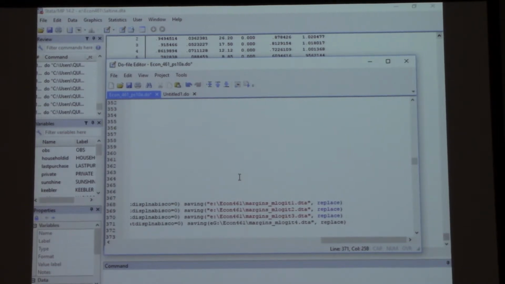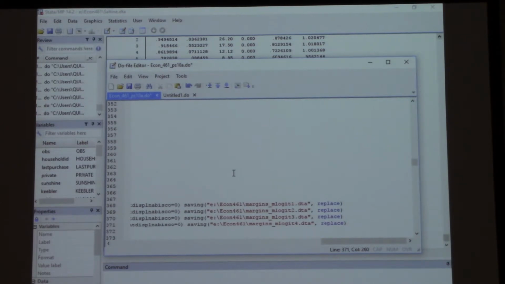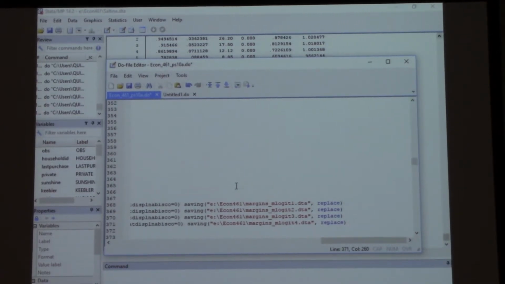Is that right? Is it always replace, or is it replace and append? Oh yeah, we're not going to append yet. I just put the replace in there because these are already generated, I've already run this.